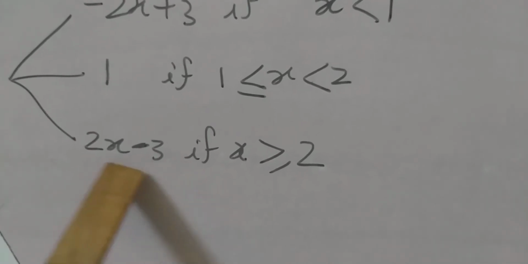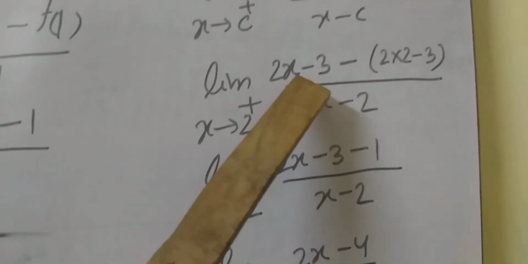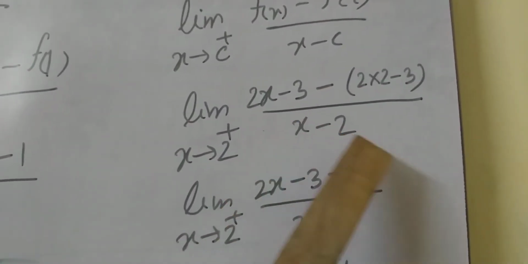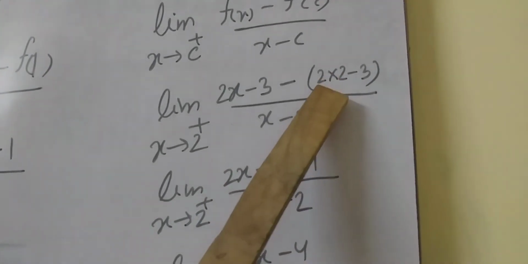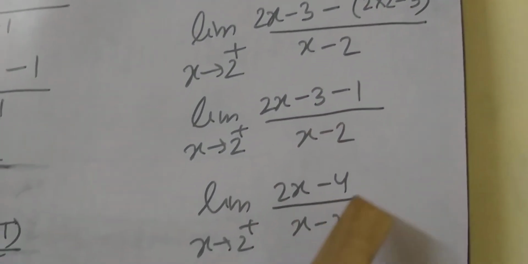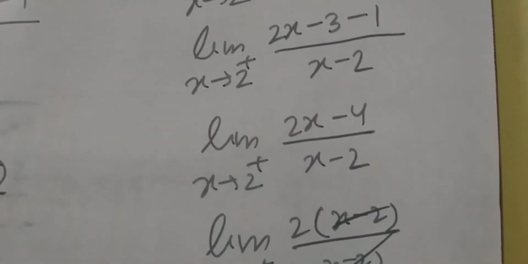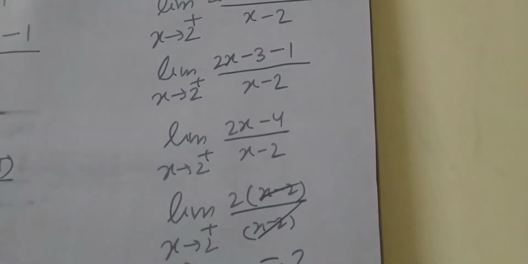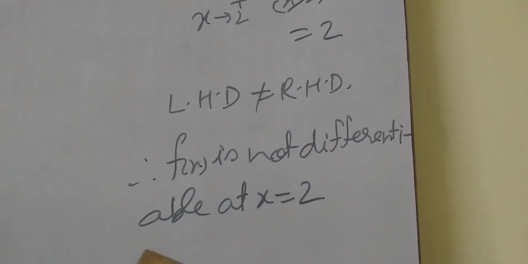For more than 2, this function applies, so 2x − 3 in place of f(x), minus f(2) = 2 × 2 − 3 = 1, upon x − 2. So (2x − 4)/(x − 2). 2 is common, x − 2 cancels. RHD is 2, LHD at x = 2 is 0. LHD is not equal to RHD, so f(x) is not differentiable at x = 2.